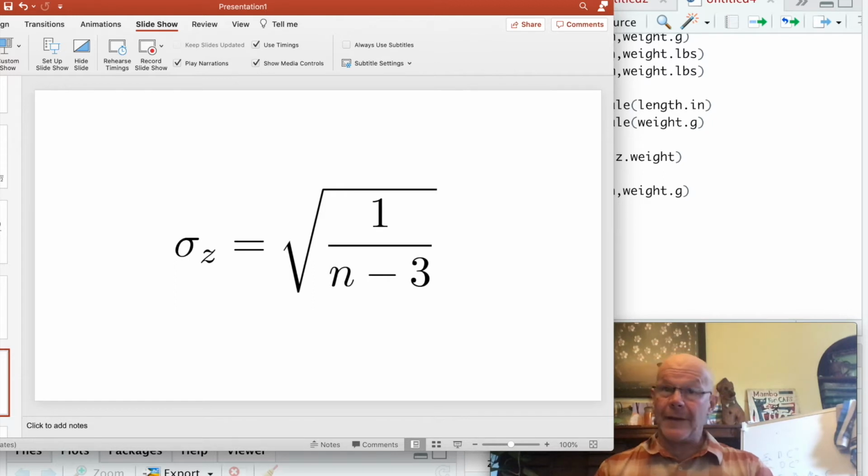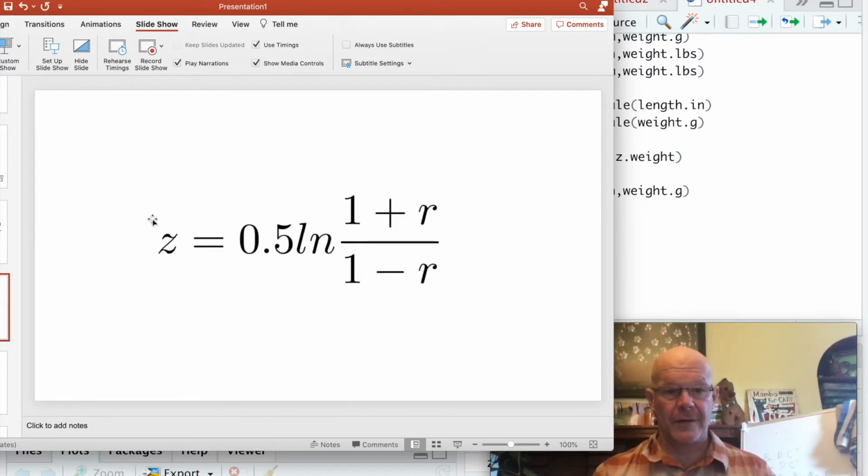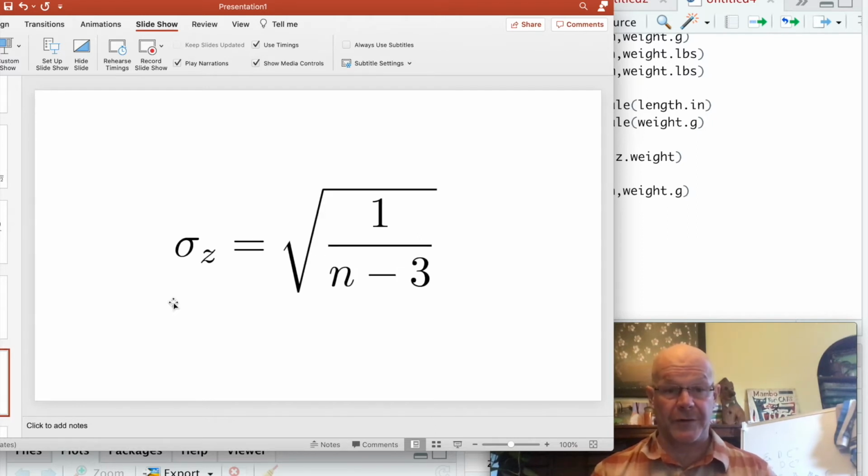Okay, and then once we have our estimate of the standard deviation of our transformed correlation coefficient, and we have our correlation coefficient in these Fisher's r-to-z units, we can calculate the 95% confidence intervals how we've done in the past when we were dealing with a normal distribution.